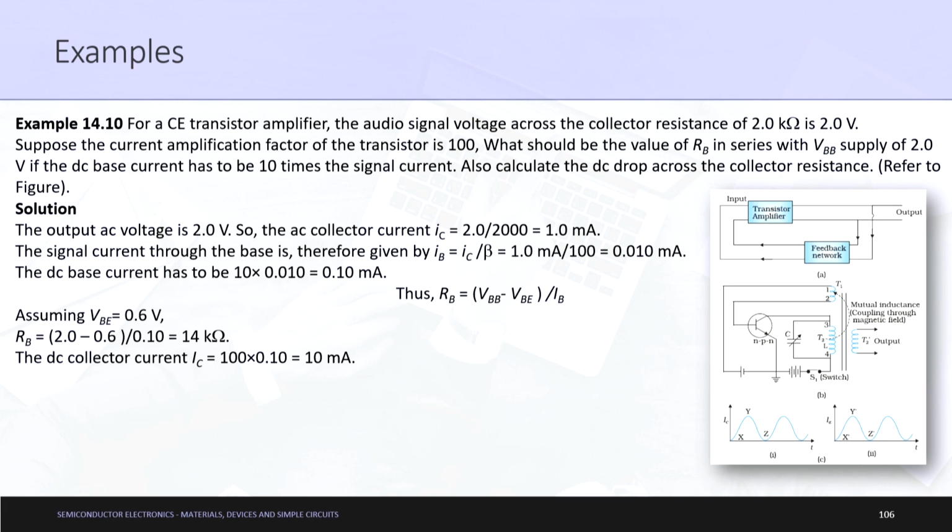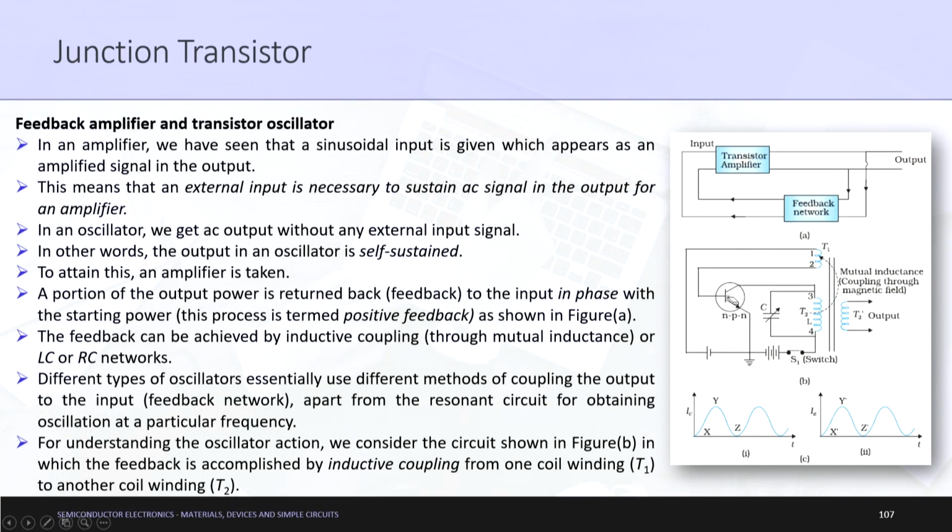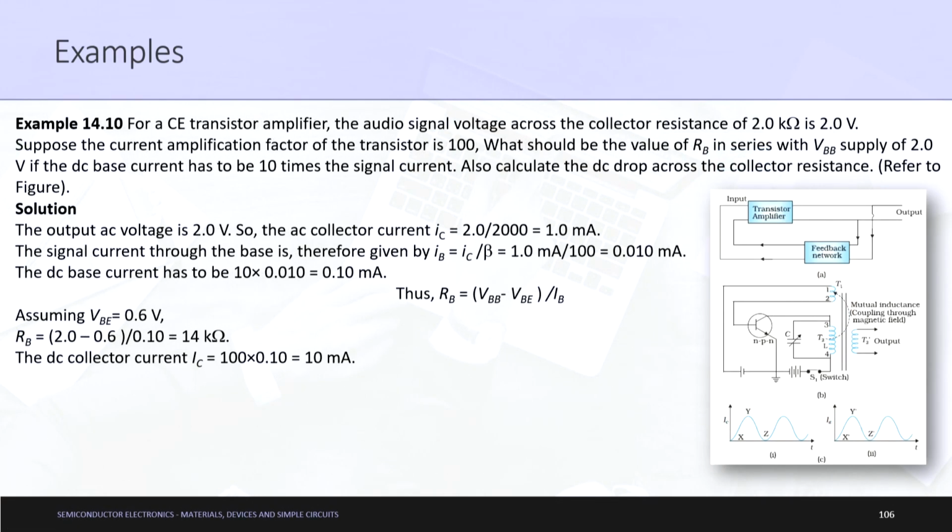For a CE transistor amplifier, please ignore this diagram, I think it is of no use here; just look at the question. Please remember it is a CE, that is common emitter, the concept we understood just now.